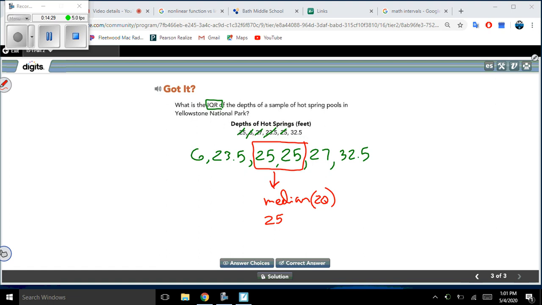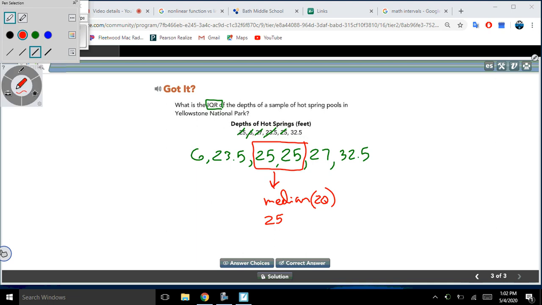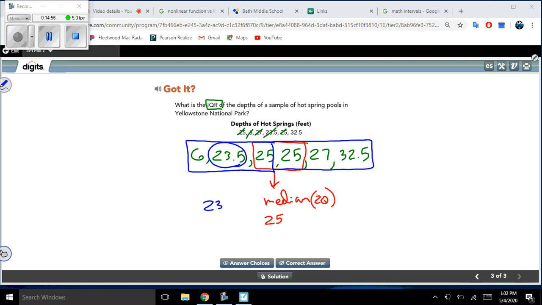Then there's a little discrepancy here between certain math systems, but some people claim that the next quartile could be found by saying, all right, we have these 3 pieces, and we have these 3 pieces. So they're going to say that this is 23.5, which is the first quartile.